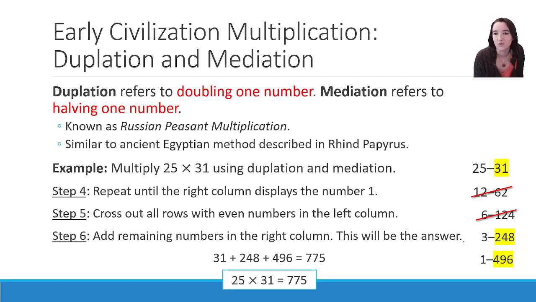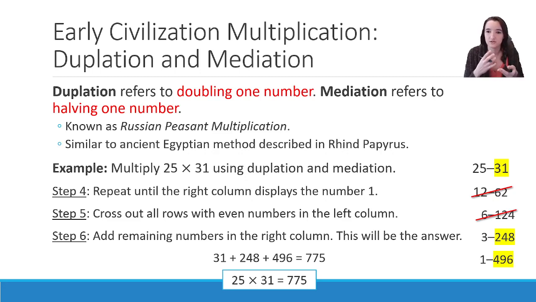So why does this work? Well, it's a bit complicated to understand, but essentially what we're doing, because we're doubling and halving, is that doubling and halving are kind of opposite operations to each other, so they sort of, in essence, cancel each other out. So we can keep doing this, but then we have to keep track of these pieces that we're ignoring because we've dropped 0.5 somewhere in there.